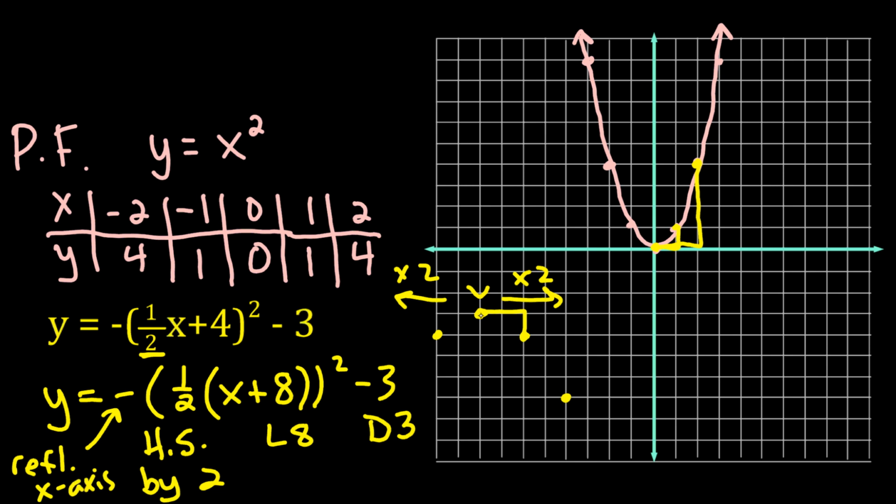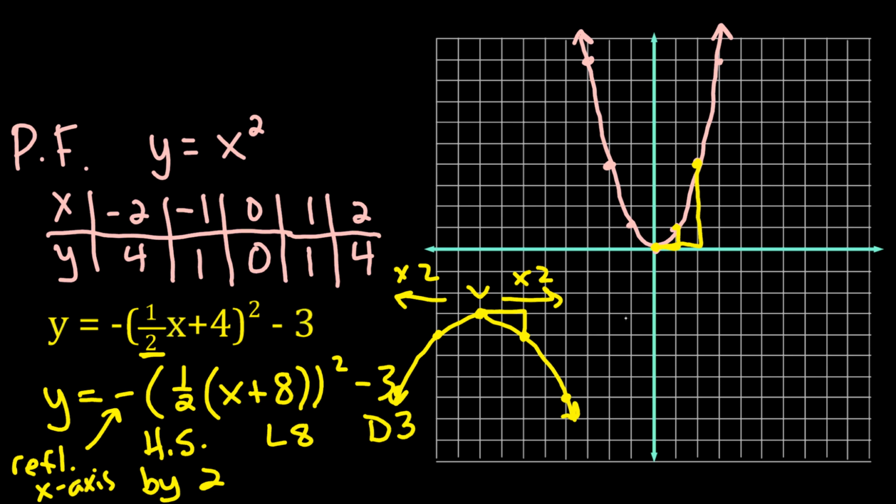Of course, this one's off the graph, so I'll kind of estimate it. Over 4, down 4. So we're right about there, maybe. And so this parabola is going to look something like that. You see how I did that without having to make a table? And then you could make a table from there.